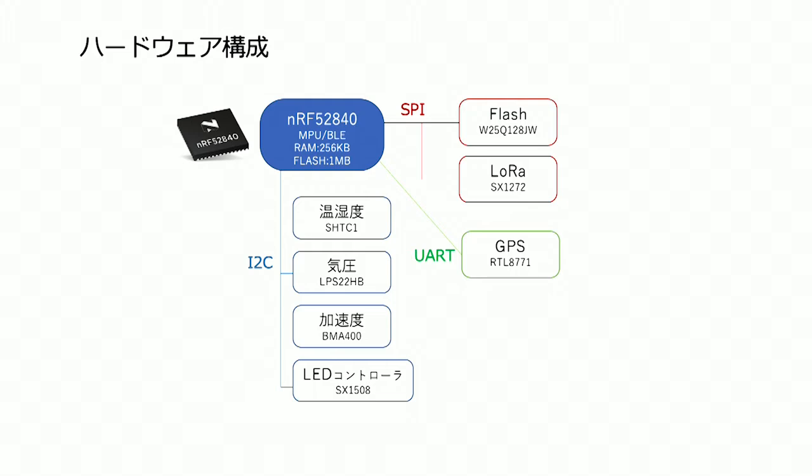And then as for the hardware, we use this chip, nRF52840, and have the 3 serial interfaces. This is for the LoRa, SPI used with the bridge, and then UART for connecting GPS, and I2C for the temperature sensor, and the volumetric pressure, and also acceleration, and also the LED controller, where you see the blinking light depending on the battery usage condition.